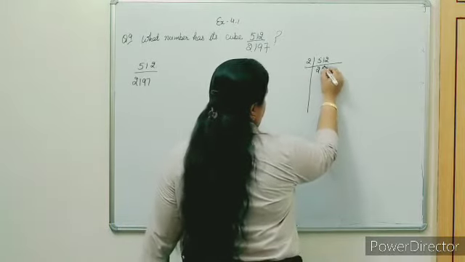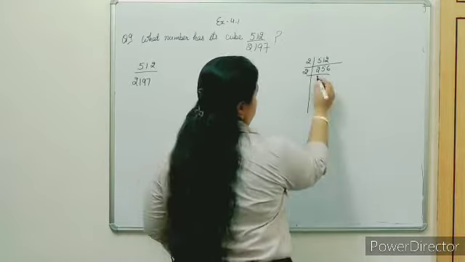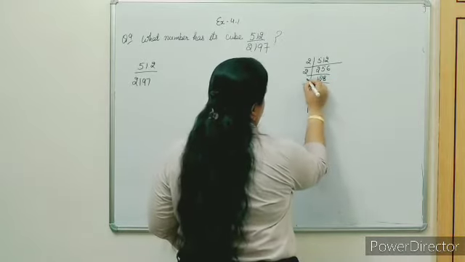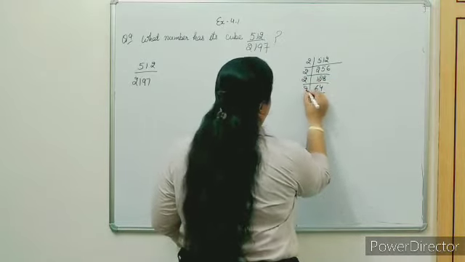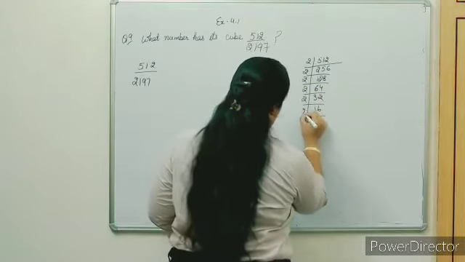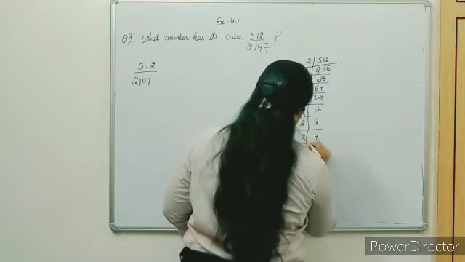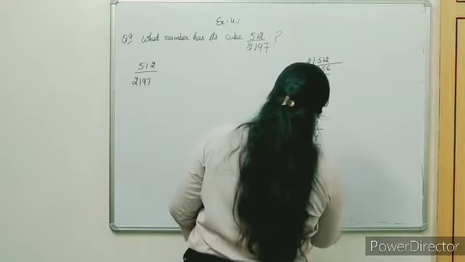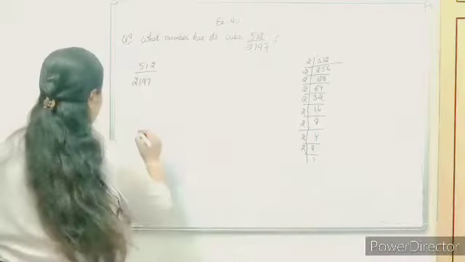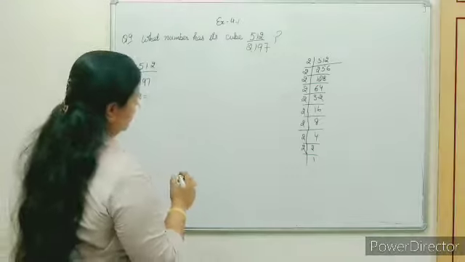I think we have already done the prime factorization of this in one example. So 512 is equal to 2 nine times.